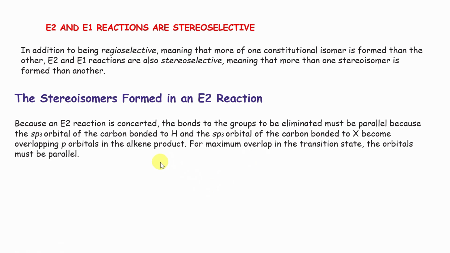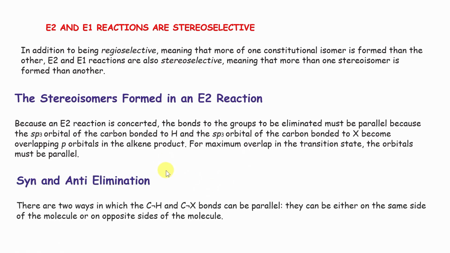For maximum overlap in the transition state, the orbitals must be parallel. There are two ways in which the carbon-hydrogen and carbon-halogen bonds can be parallel. Hydrogen and halogen are the eliminating groups.